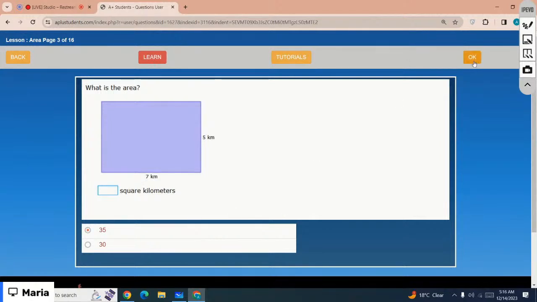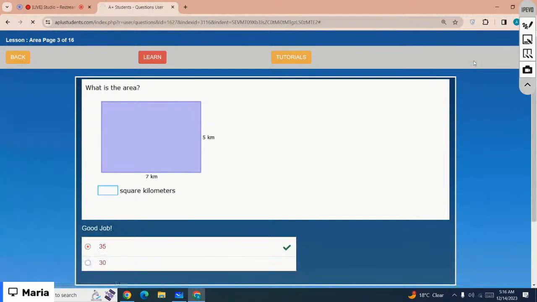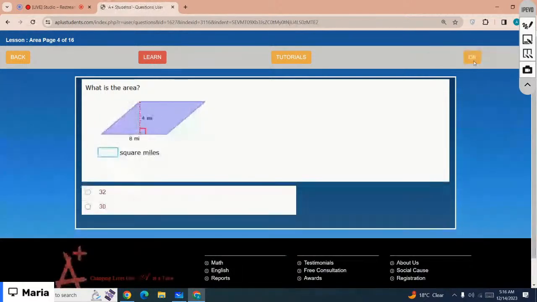Option number 1 is the correct option. What is the area? That is a parallelogram, and the correct option is 8 times 4, that is 32. So the correct option is 32.